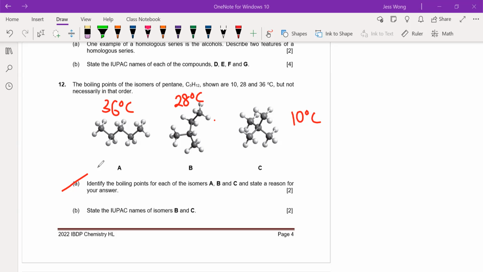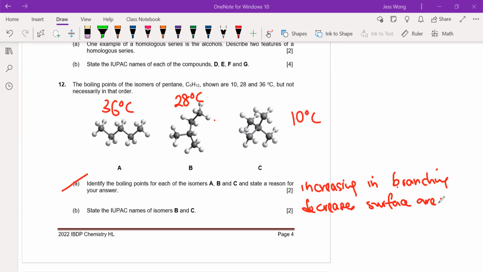The reason is that increasing branching decreases surface area and weakens the London dispersion forces. All right.